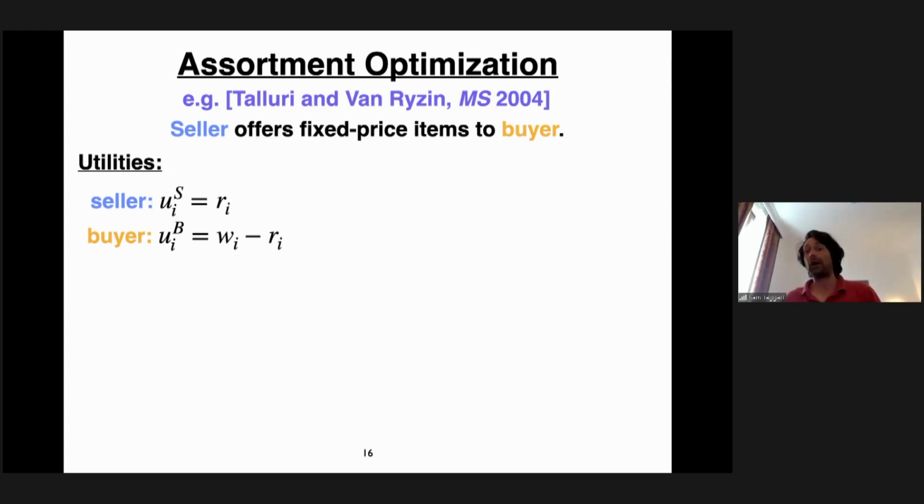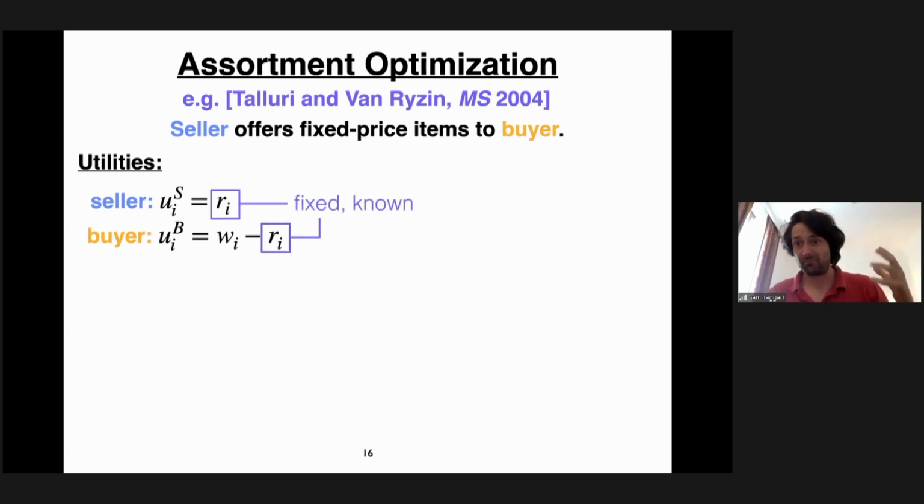The seller has some revenue that they get when item I is purchased, and the buyer has some unknown value that gives them utility value minus price when they purchase item I. The big difference is that this revenue is fixed and known to the seller, and it's the buyer's value that is unknown. So this actually isn't quite our model, right?